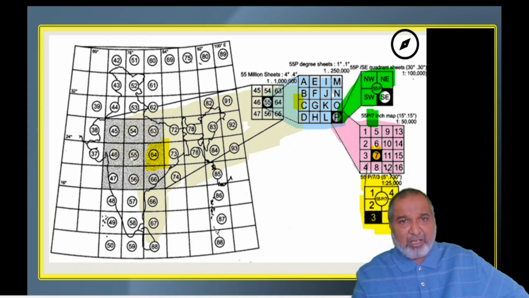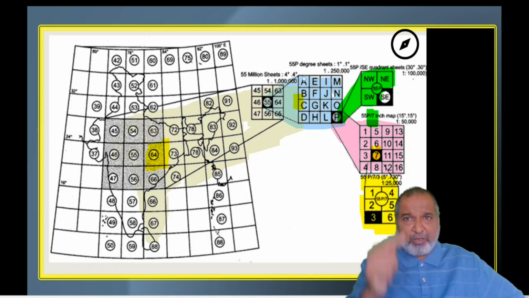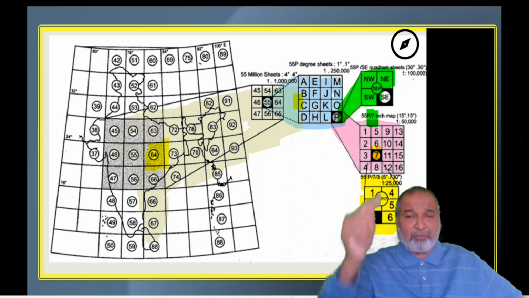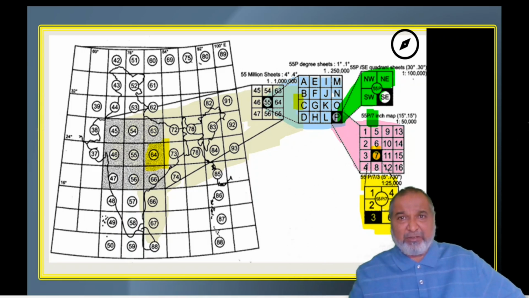For example, here we have taken the center part, and that part is again divided into 16 quadrants. Each of the 16 quadrants is labeled alphabetically, all capital: A, B, C, D, E, F, G, H, I, J, K, L, M, N, O, P. Once we go down vertically, again we start from the top. This is the way A, B, C, D will be given.